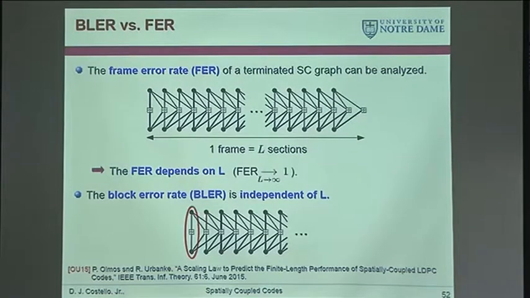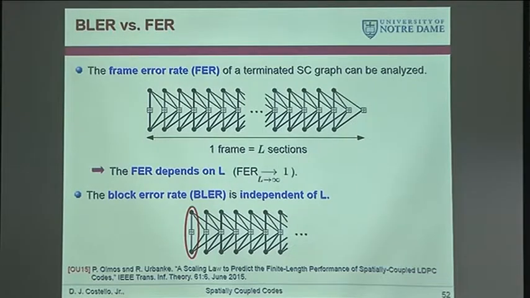So another measure of performance that we can think of with convolutional or spatially coupled codes is a block error rate. That's why I called the other one frame error rate. In this little protograph, we have 2 variable nodes per time unit, and we have a lifting factor, which is maybe 500 or something. So every time the window shifts in decoding, we're decoding 1,000 bits.